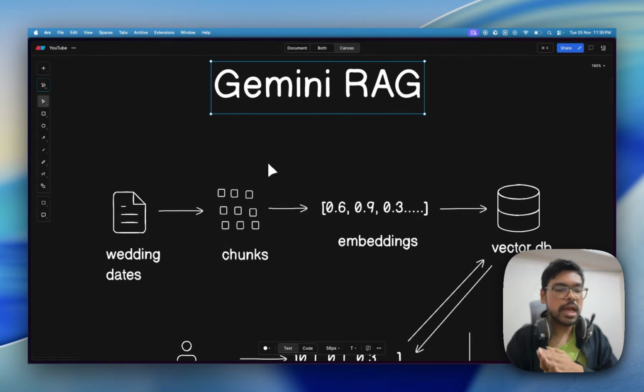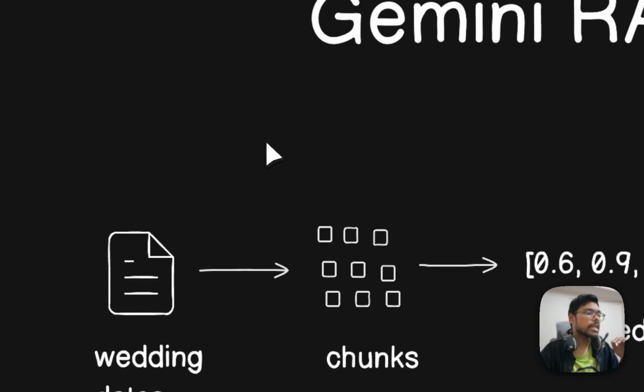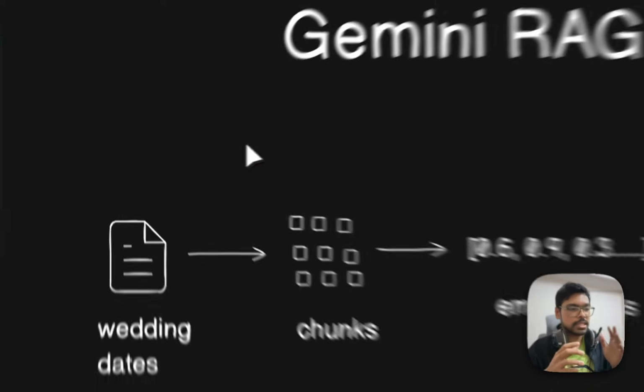The AI will not have the context of the PDF, right? Because AI is trained on a lot of other data from around the world, but will not have the data of your own PDF. So for that you need RAG, that is retrieval augmented generation.